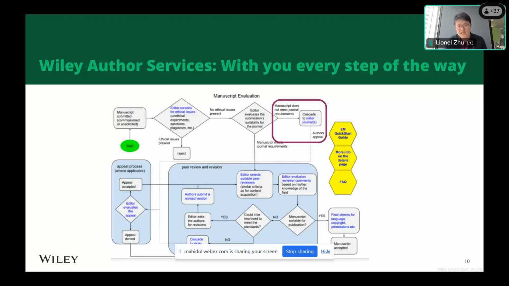Secondly, we check breadth of interest, which relates to Wiley's value of unlocking human potential. Getting your research published is the first step. What's more important is to spread the word, to let more people read and cite your papers.